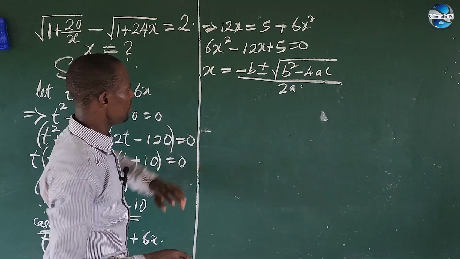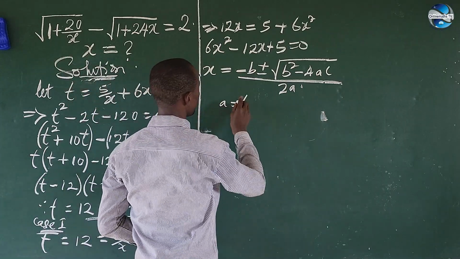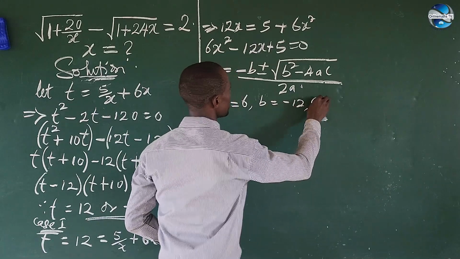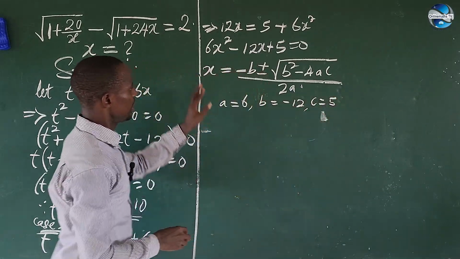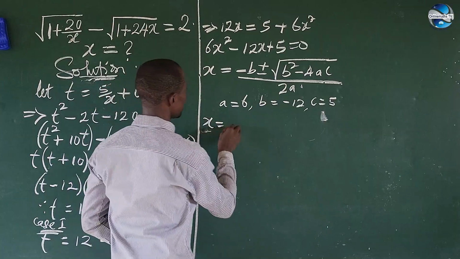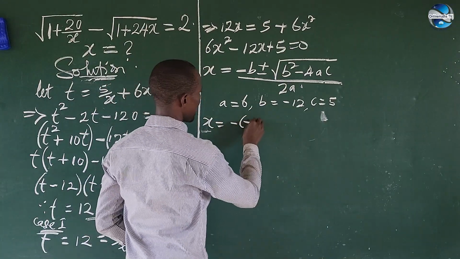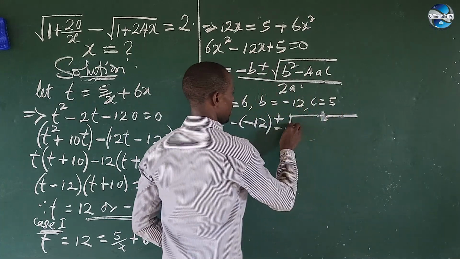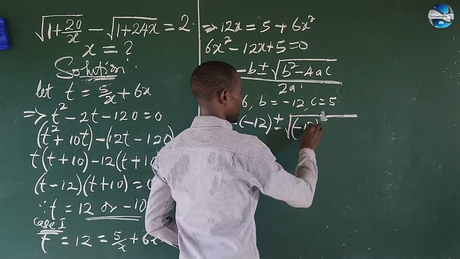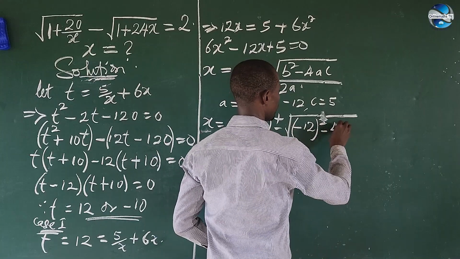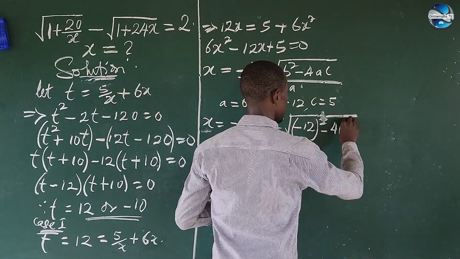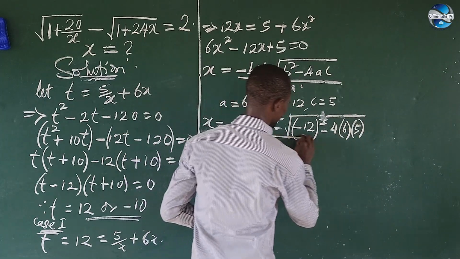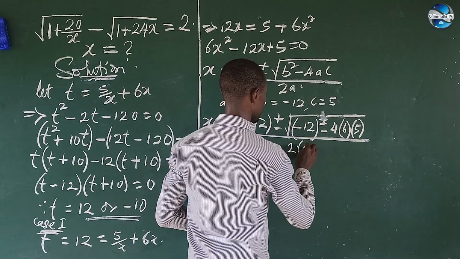We just have to bring our a, b, c out from here. So we have a equals the coefficient of x squared, which is 6, b equals minus 12, and c equals the constant term 5. So let's substitute this into our formula. So we have x equals minus bracket minus 12 close bracket, plus or minus the square root of minus 12 to the power of 2, then minus 4 into a which is 6 into c which is 5, all over 2 into 6.